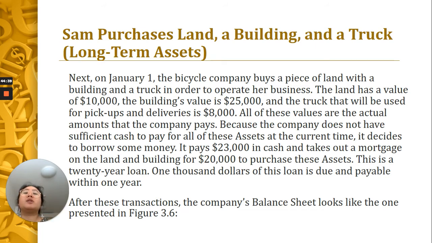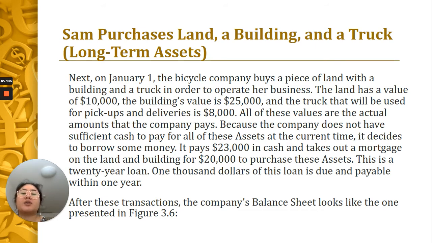So you should know that the land, building and truck are recorded as long-term assets. The land value is 10,000, the building value is 25,000, and the truck, used to pick up and deliver bicycles, is valued at 8,000. All of these values are the actual amounts the company paid.